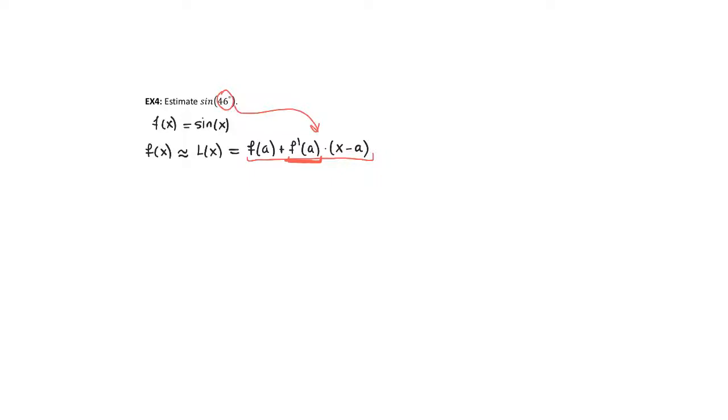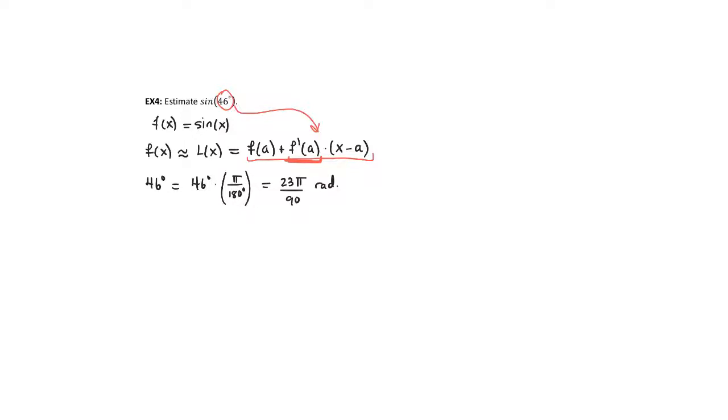But that's super easy. For example, I know that 46 degrees can be changed into radians by taking 46 degrees and multiplying by pi over 180 degrees. This will give me 23 pi divided by 90 radians.